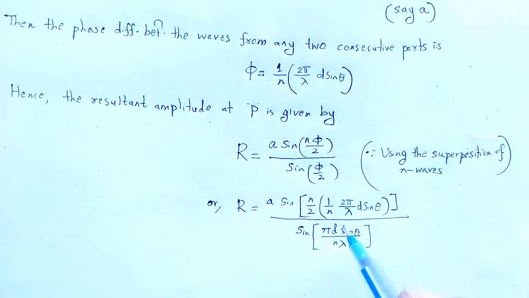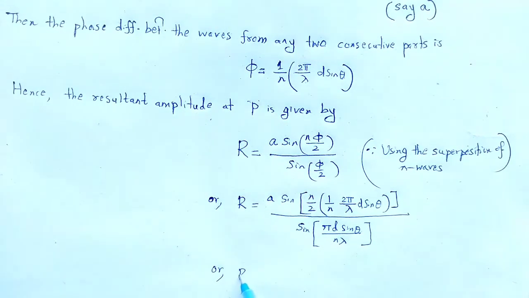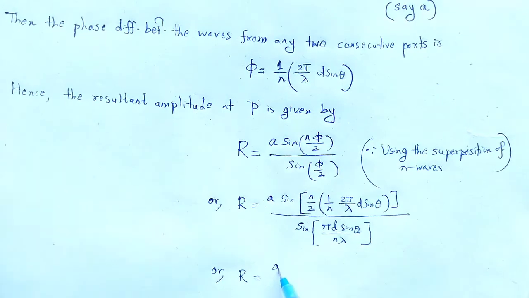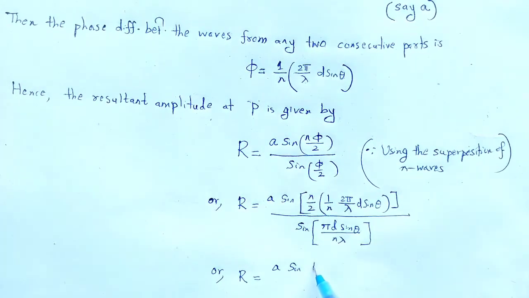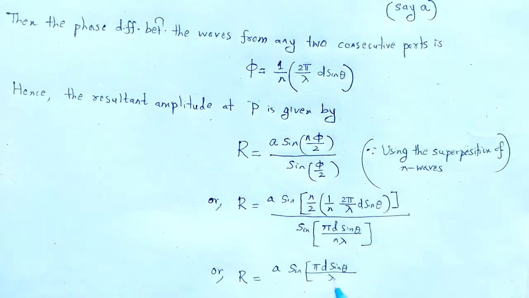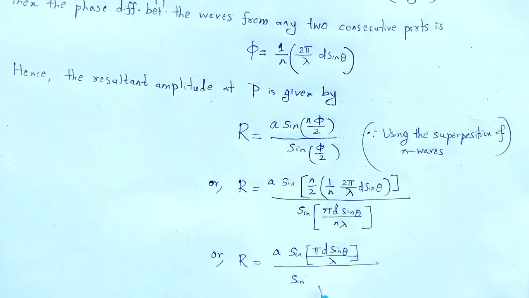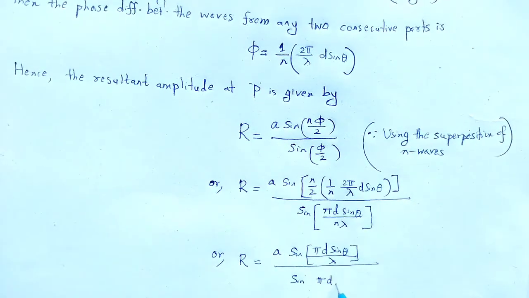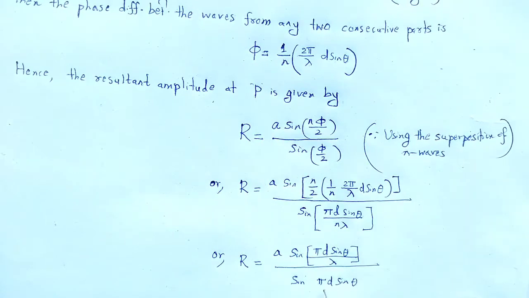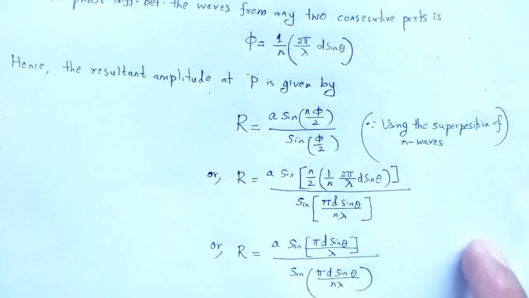Now simplifying, R is equal to a sin of pi d sin theta by lambda, divided by sin of pi d sin theta divided by n lambda.